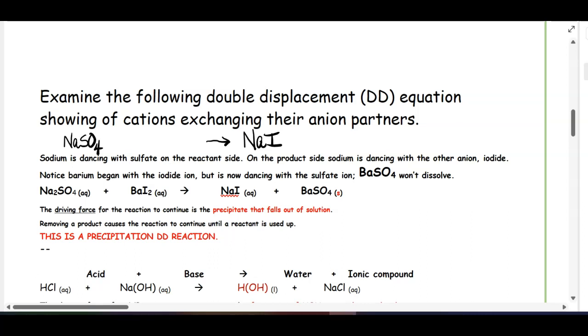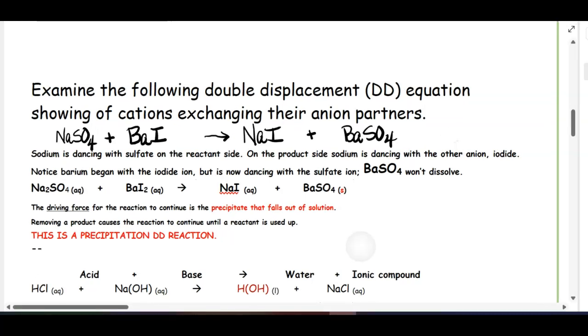And then barium begins with the iodide ion, so we have barium and iodine on this side. And then barium on the other side is now dancing with sulfate. I'm just putting the bare bones together. I don't think those are the right formulas yet. I just know that's what the sentence is saying.